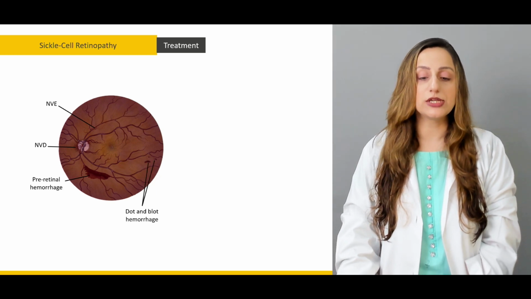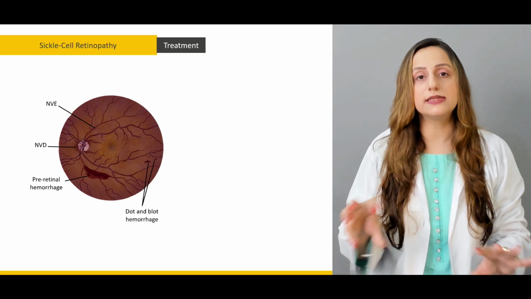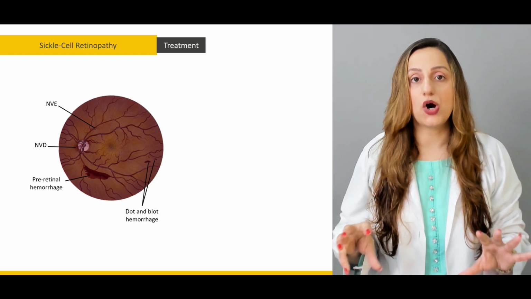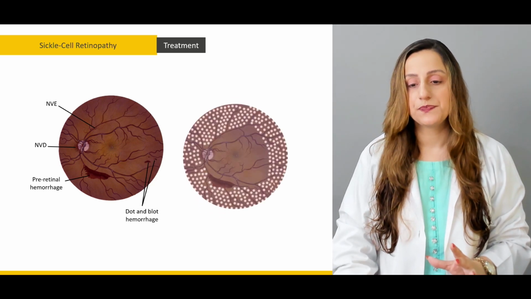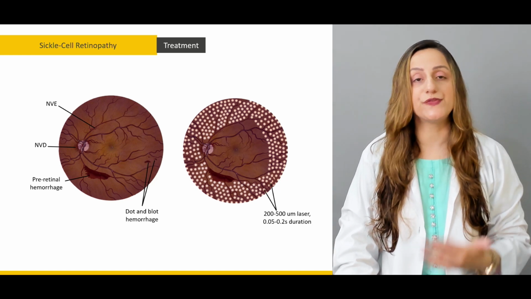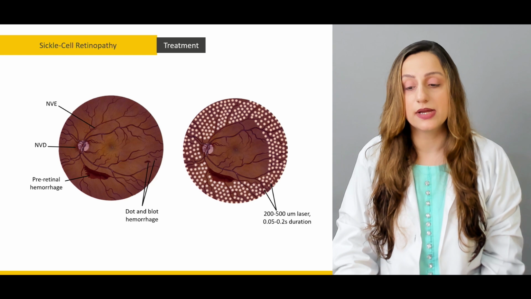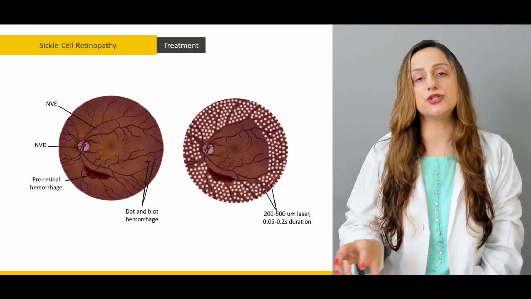Then we can have the dot and blot hemorrhages. They can be the most scattered hemorrhages seen on fundoscopy or ophthalmoscopy in these individuals. Again, as you can see, we can use almost 200 to 500 micrometer laser spots with a duration of about 0.05 to 0.2 seconds.